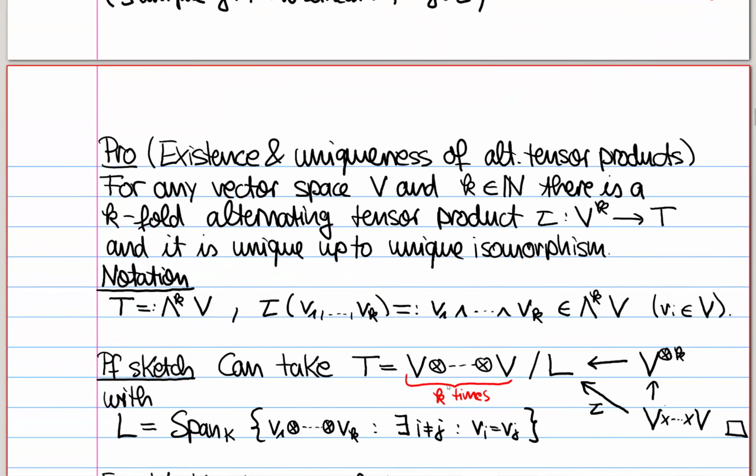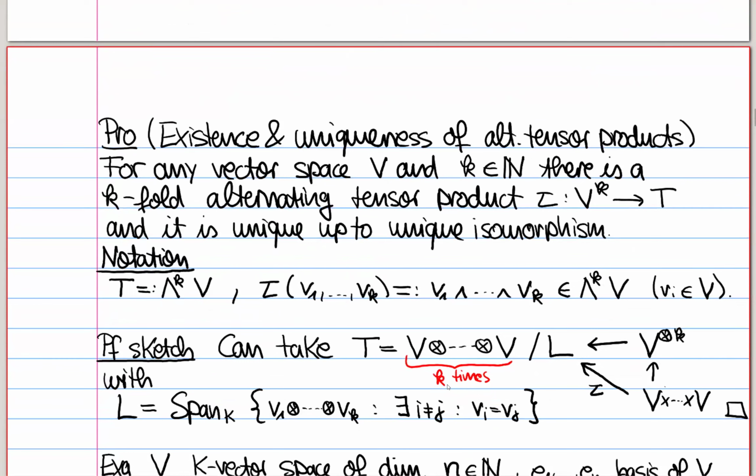I'm not going to give the full proof, it's very similar to Gathmann, but you can look at his script there. He gives a reference to some earlier place where he discussed this. Let me just say something about the existence part. What can you take for this alternating tensor product? Well, we know that from V^k we have a map to the usual tensor product V^{⊗k}, and this is basically the universal k-multilinear map.